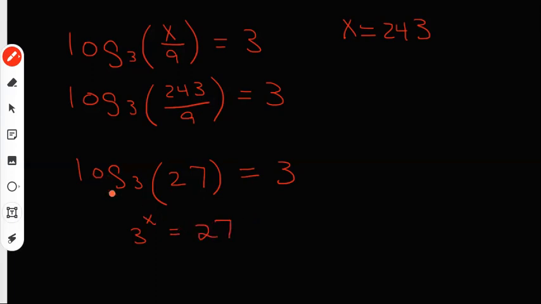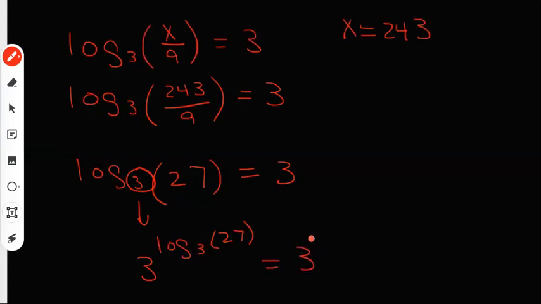Another thing that I can do is raise everything to the base of 3. So I could bring down that 3, and I could put log base 3 of 27 as the exponent. And then on the other side, I'm going to have the 3 raised to the third power. So now these bases are going to cancel out.